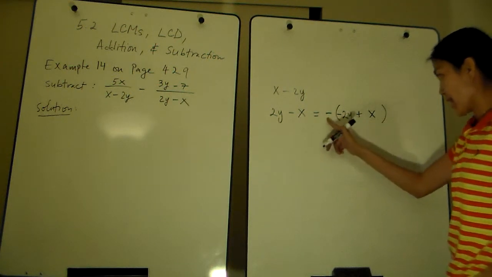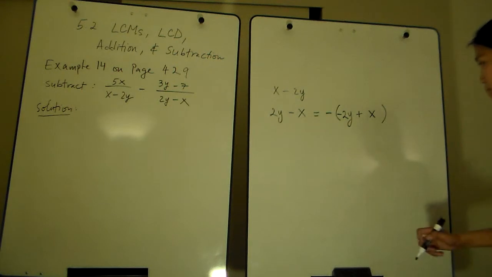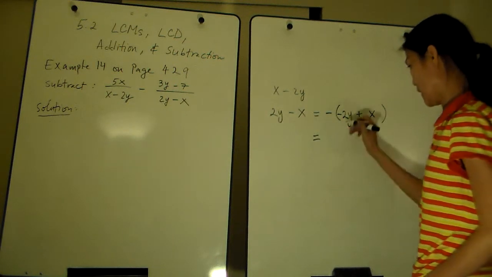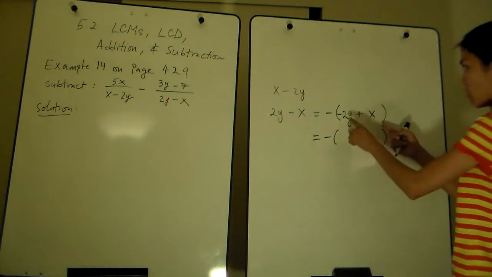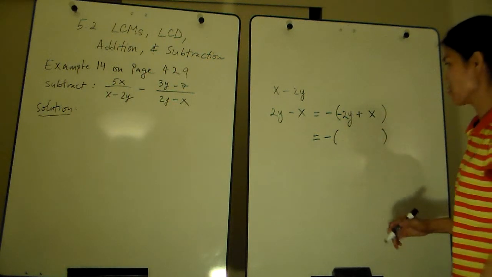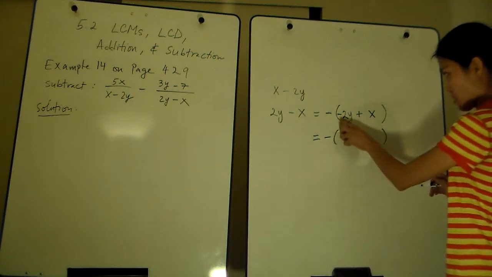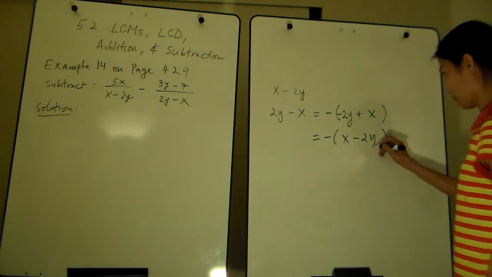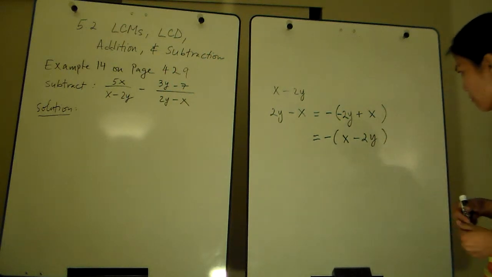Because negative times positive is negative, and the x goes here. Alright, let me rewrite the inside of the parentheses. Basically, I will switch the position of the two terms to positive x, subtract 2y. I'm just switching the two terms' positions.